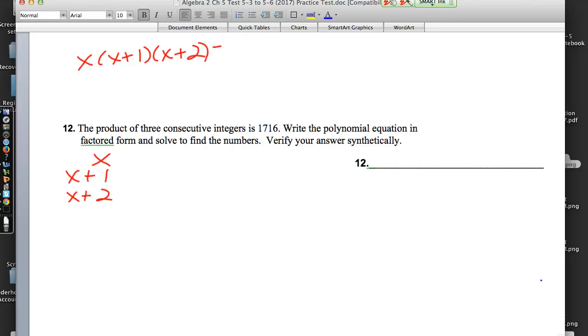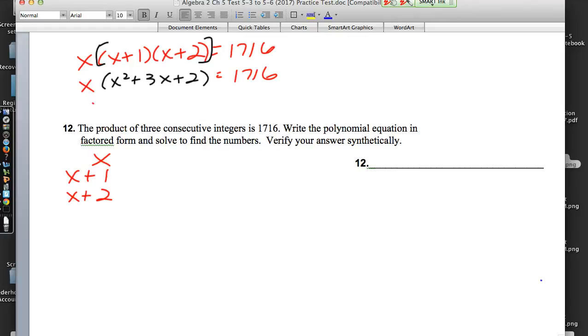Do we know what that's supposed to come out to be? 1716. How do we multiply that? So do FOIL first. Then what?